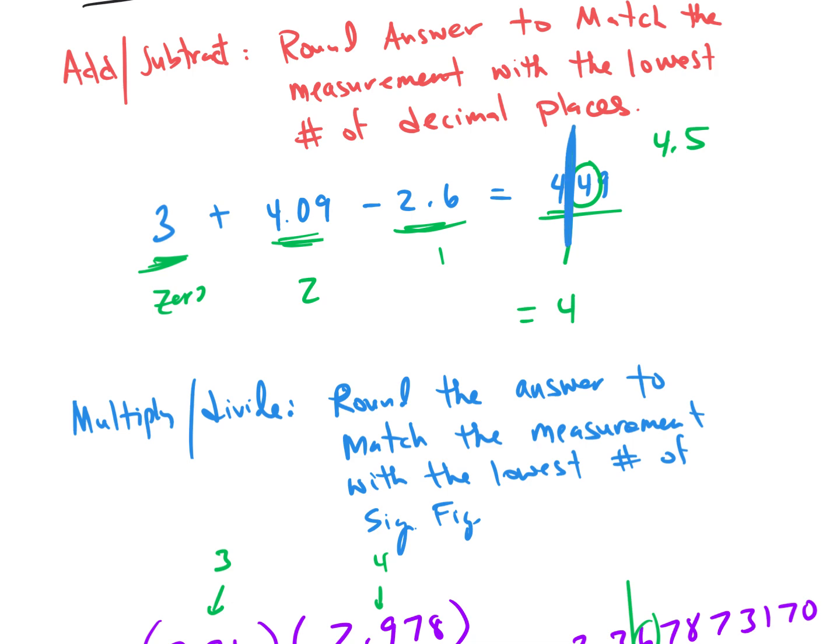We wanted 0 decimal places, right? So we look at the next digit. We know we want 4 because that's 0 decimal places. So we look at the next one to tell us how to round that. And the next one is lower than 5. So we're not interested in this 9. That's too far down the line. We don't even know how true that is, right?